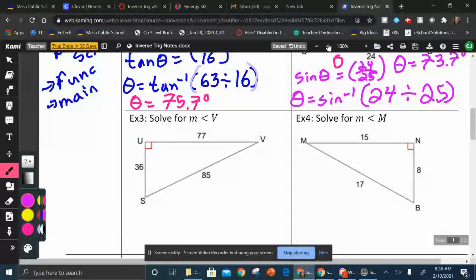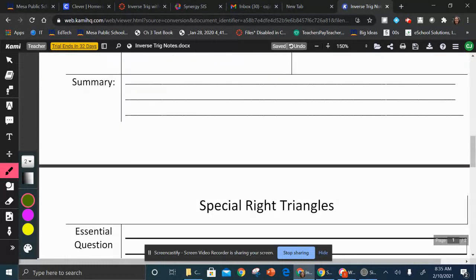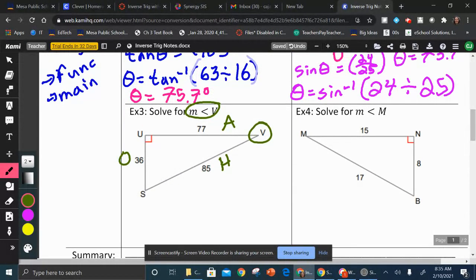Okay, so next one. We're solving for V. Circle the angle. This will be adjacent, opposite, hypotenuse. So we're going to decide I want to use cosine, so adjacent divided by hypotenuse, so 77 divided by 85.